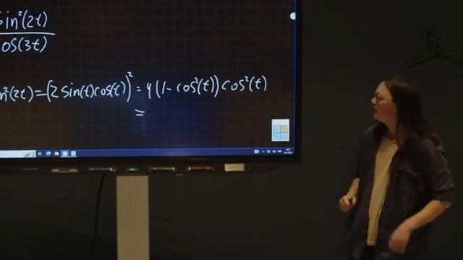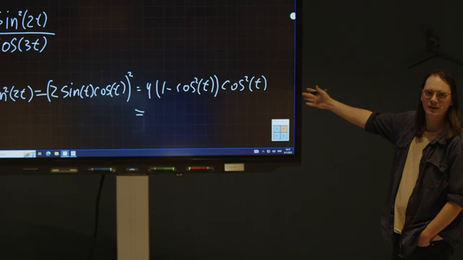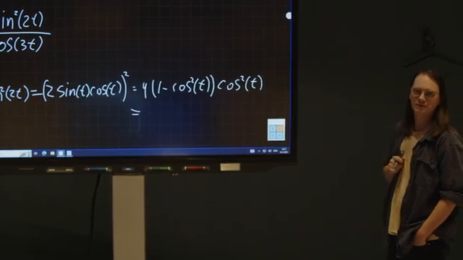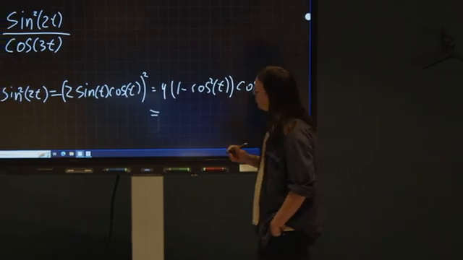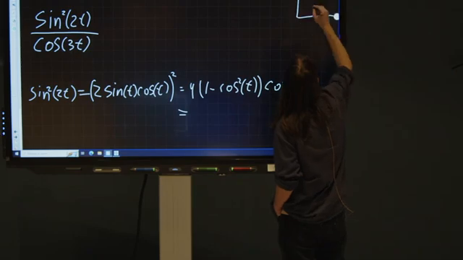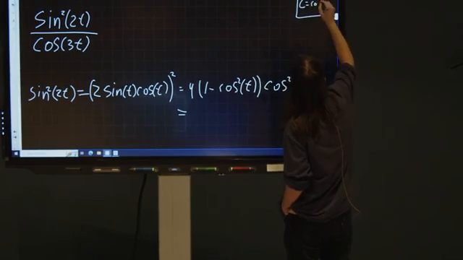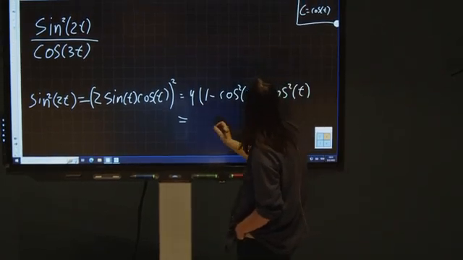All right. So we get this, and that's okay, right? That's already in terms of just cosine. So if we just up here say we're going to call cosine t, we're going to call that c. Then we can simplify this a little bit if we want.